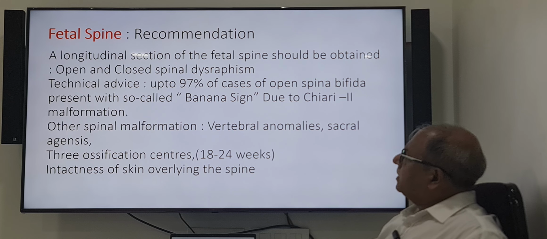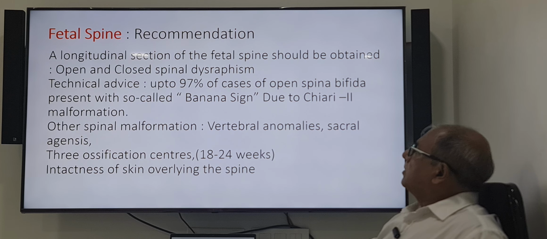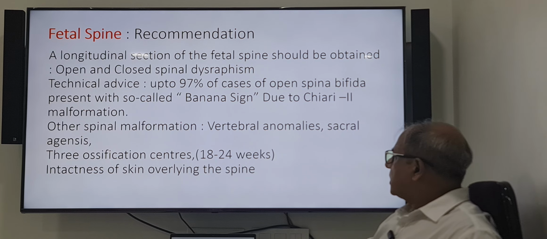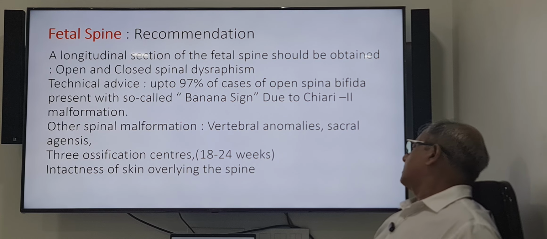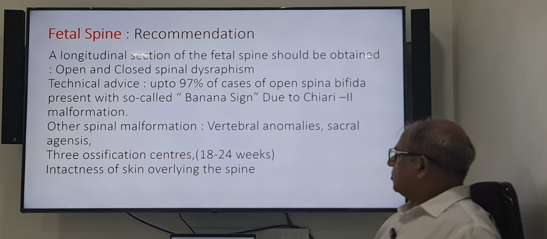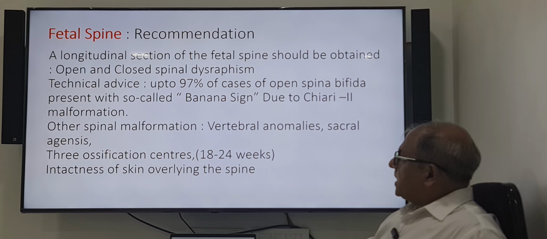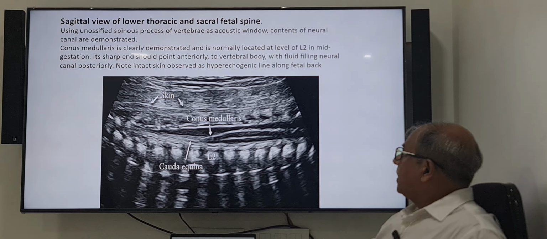Now the fetal spine has to be seen, to understand whether there is any problem with the three ossification centers and the intactness of the skin overlying the spine, by transverse, coronal or sagittal views.